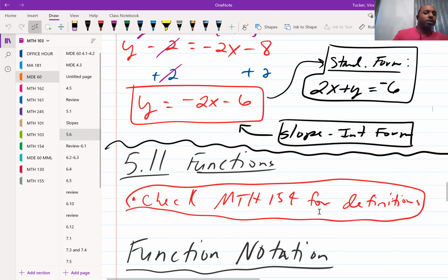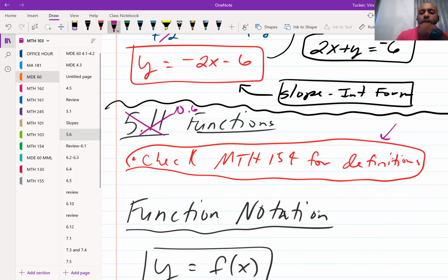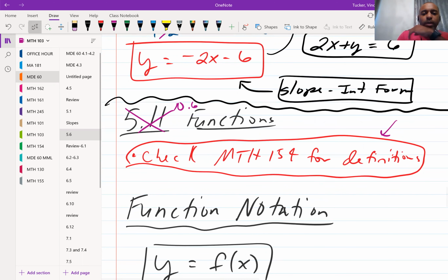All right, so it should be 10.6. I'm looking at functions. I'm going to go to another section before we go here, just to make sure we're okay with how we set up our functions. That red note is for me. But 10.6 functions is what we're about to do.